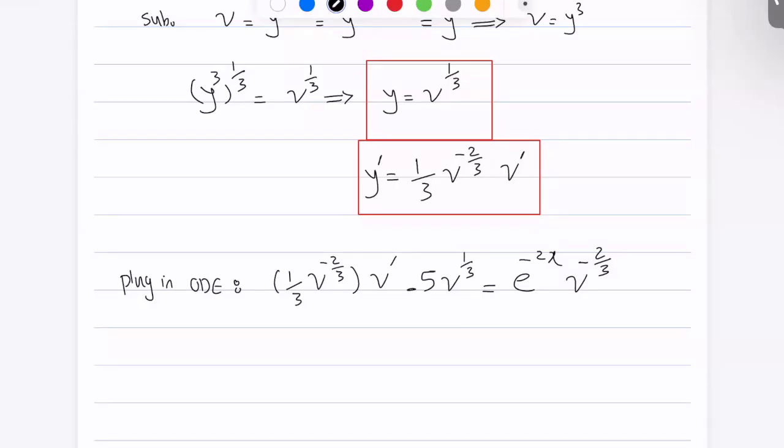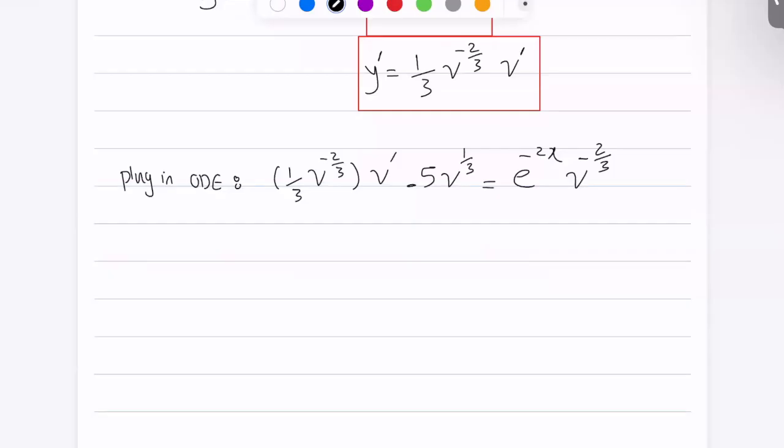And what's special about this? Let's see if we can simplify this a little bit. Well, I can see that I can divide both sides by v to the negative 2/3. Or basically, you can say we multiply by v to the positive 2/3.